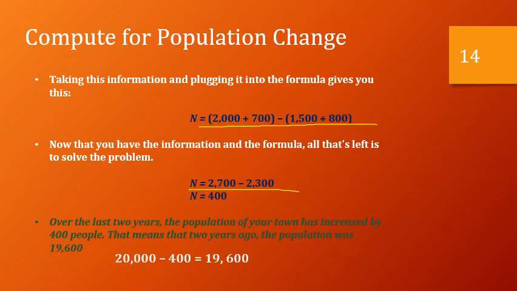N is equal to 2,700 minus 2,300, and it is equal to 400. So the change of population over a period of time is equal to 400 people. That means 2 years ago, the population was 19,600. So pwede mo lang siyang i-deduct. Okay, so that is a very good example of how the population changes in a particular location.